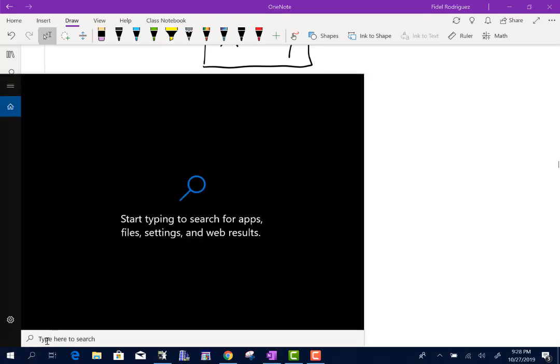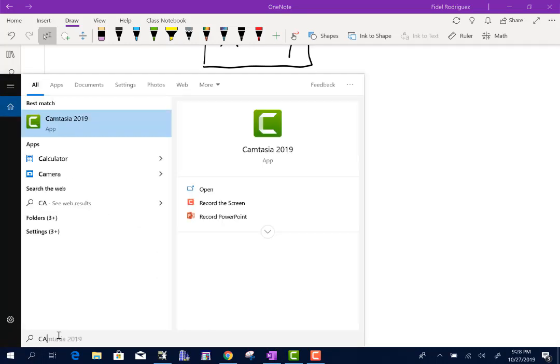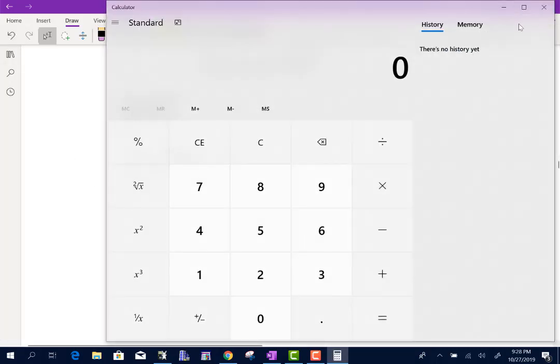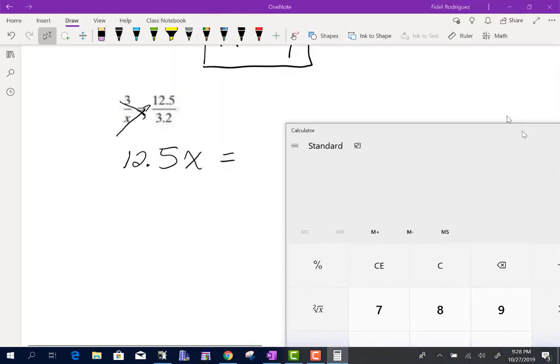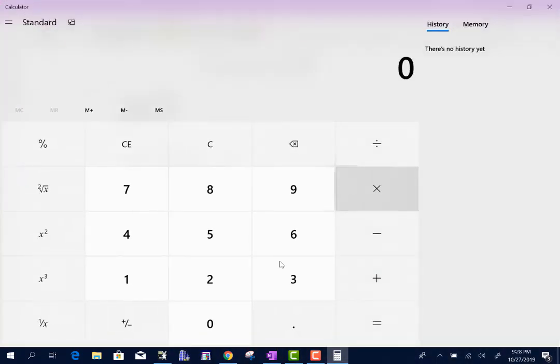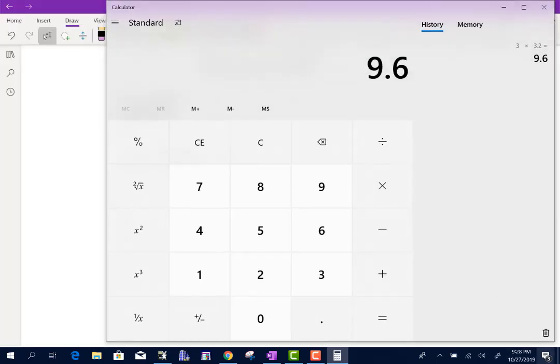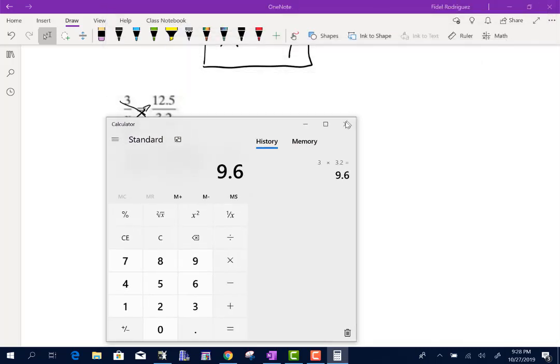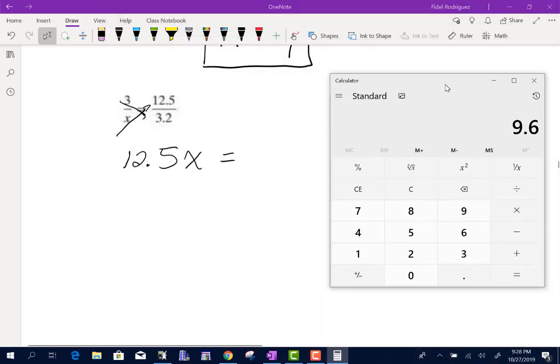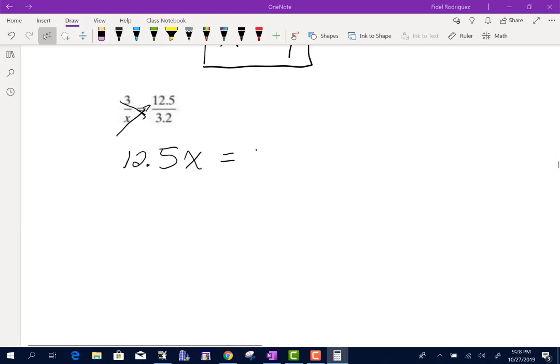Let me see if I have a calculator here. 3 times 3.2 equals 9.6. So right here we're going to write 9.6.